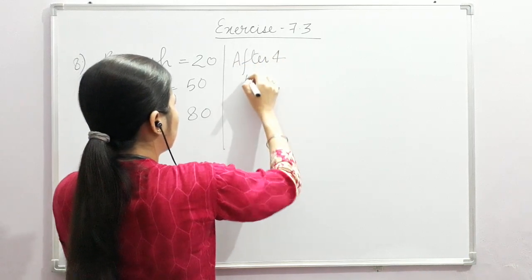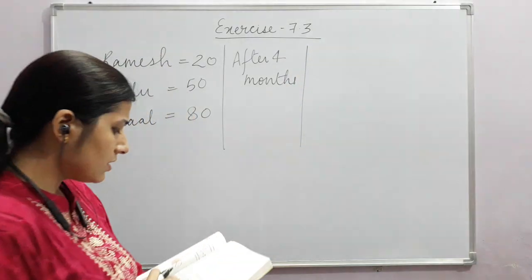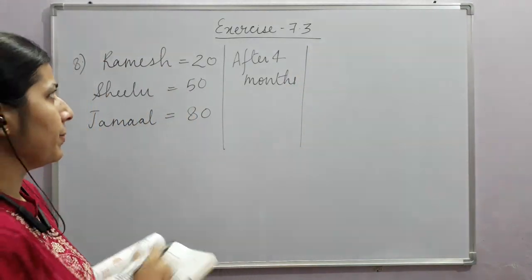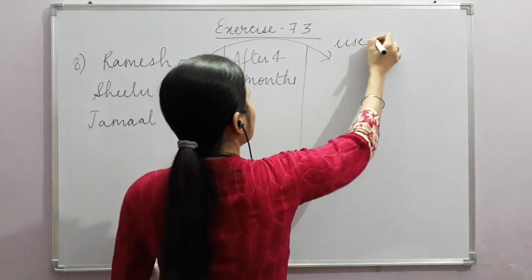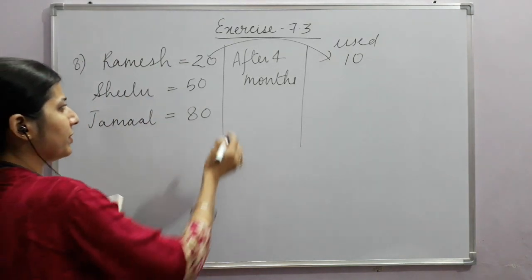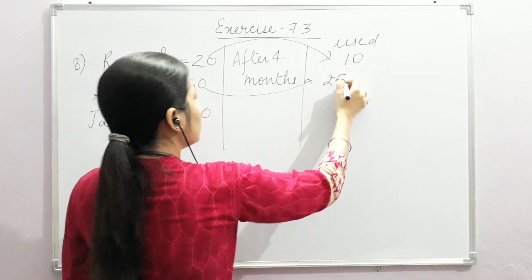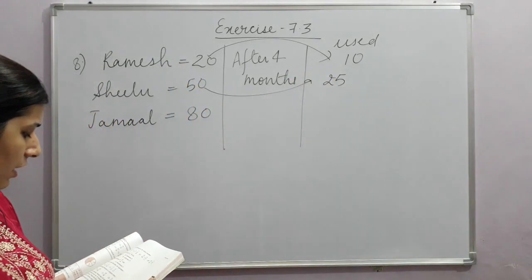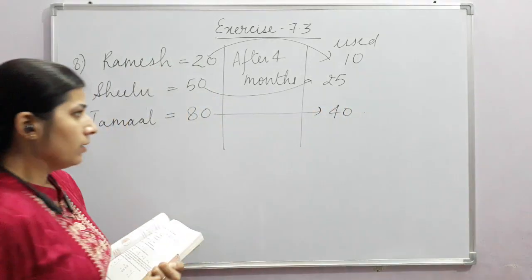After 4 months, Ramesh used up 10 pencils. Means Ramesh was having 20 pencils and he has used 10 pencils. Then Sheelu used up 25 pencils. Earlier Sheelu was having 50 pencils and he has used 25. And the next person is Jamal, who used up 40 pencils out of 80 pencils.